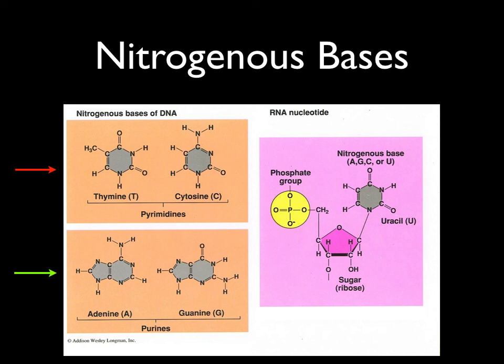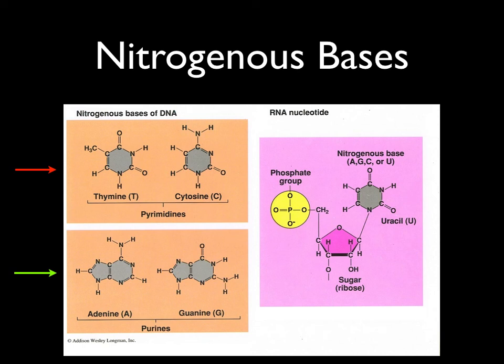So here we have a big word and a small molecule, whereas with the purines we have a shorter word and a larger molecule. So again, you should be able to identify a nitrogenous base as being either a purine or a pyrimidine. You should also remember which bases fall into which category. Again, thymine and cytosine are the pyrimidines, and adenine and guanine are the purines.